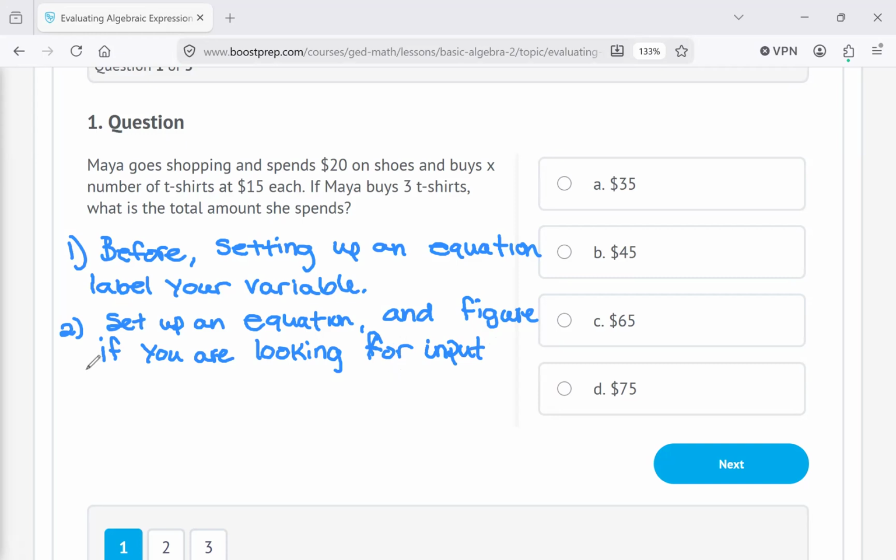So an input is basically something you put inside the function, right?